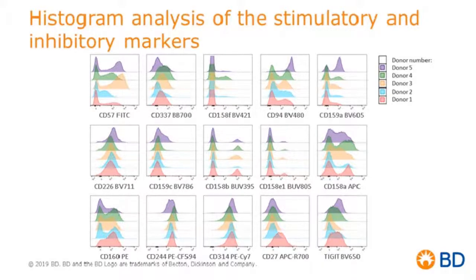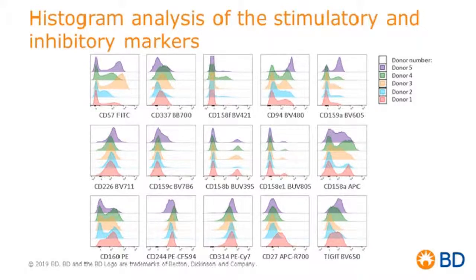Some donors express low levels, some donors express very high levels. CD94 seems to really stand out in this case, where donor 5 has a high frequency of CD94 positive cells as compared to other donors. So this gives us some hints on what possibly drives the different clustering of different donors.